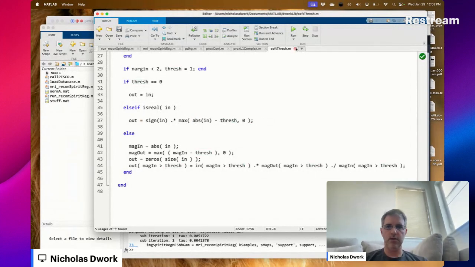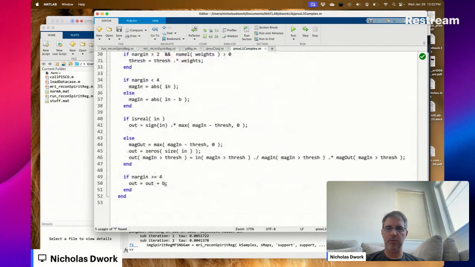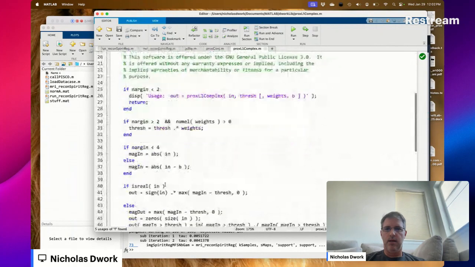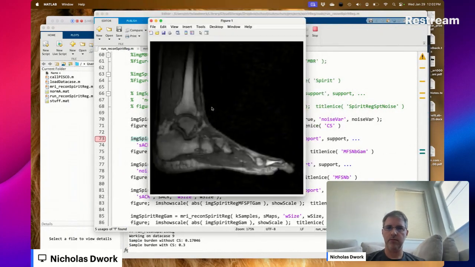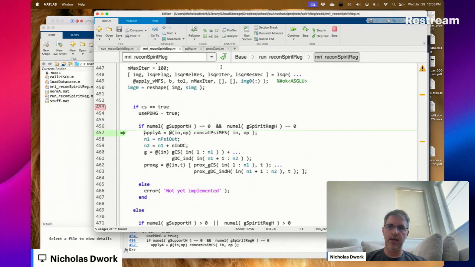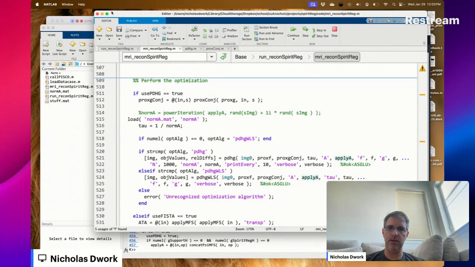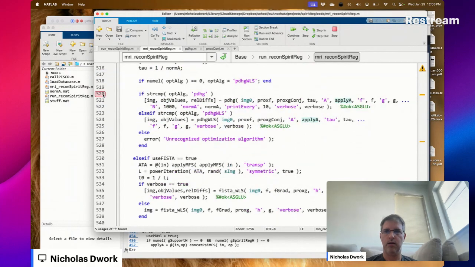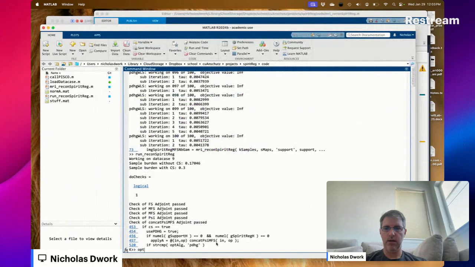Okay, now these codes do the same thing, and I think they're right. This one has the minus b plus b thing. Clearly struggling here, people. Okay, now I'm going to go through PDHG, and I just want to see what happens when we do the soft thresholding.